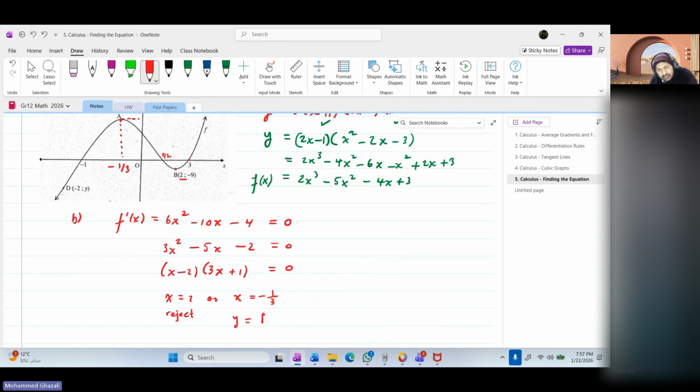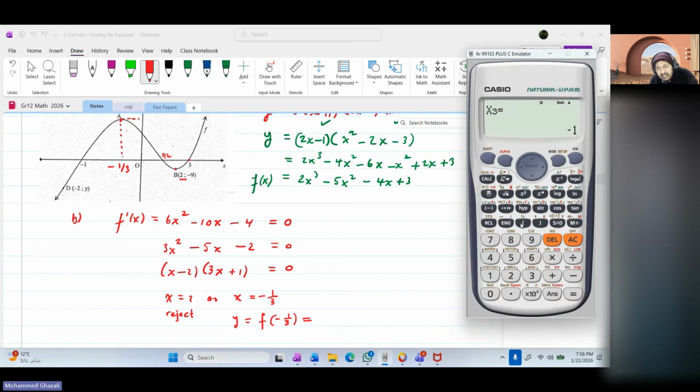So the y value is f of negative 1/3. So you're substituting negative 1/3 inside the cubic function here. So let's substitute negative 1/3 in the cubic function. I'm going to substitute here and show you. So 2 times open bracket negative 1/3, right?